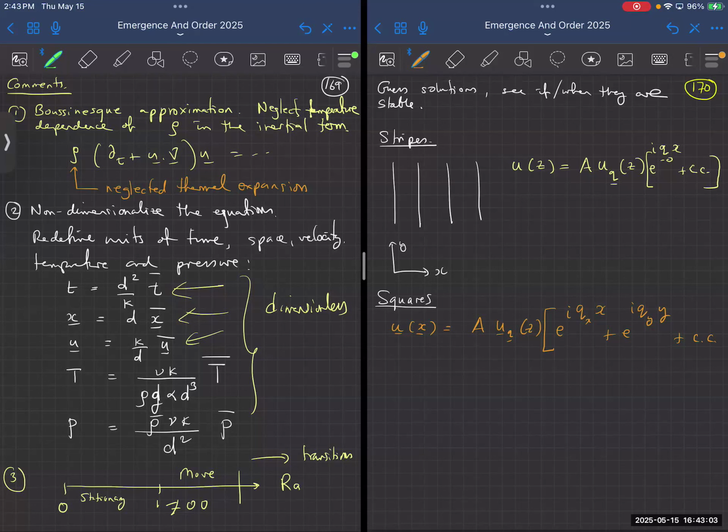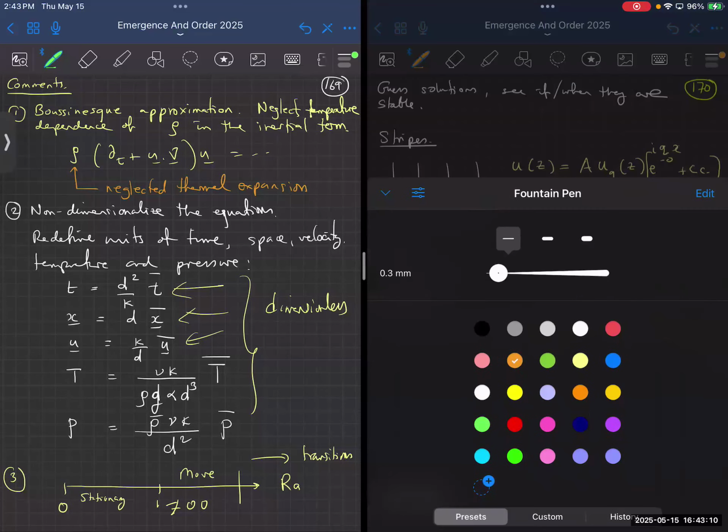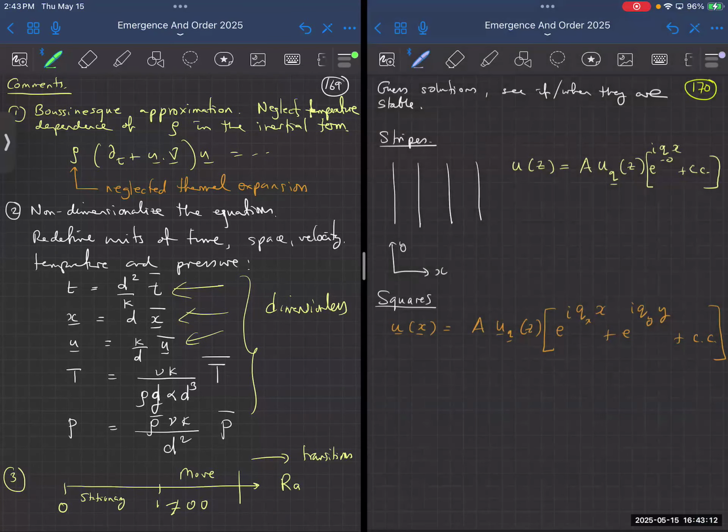So that would be another kind of solution, something which is like square or rectangular. And you can try to construct many other things. You might do hexagons, whatever.